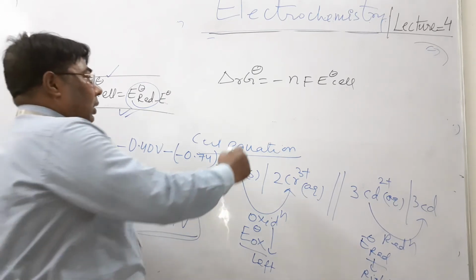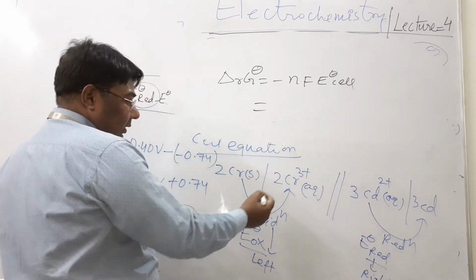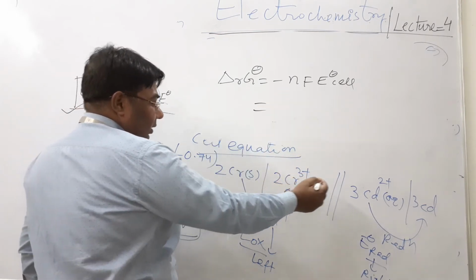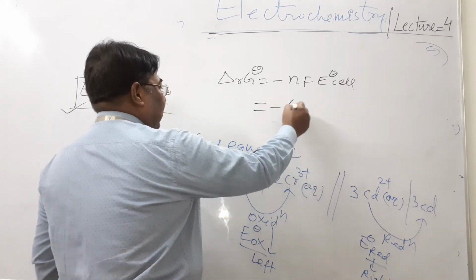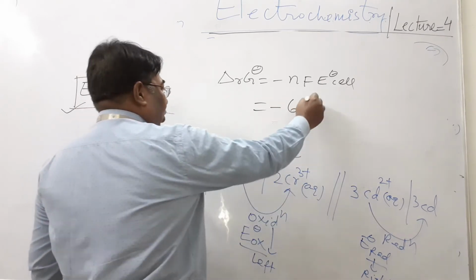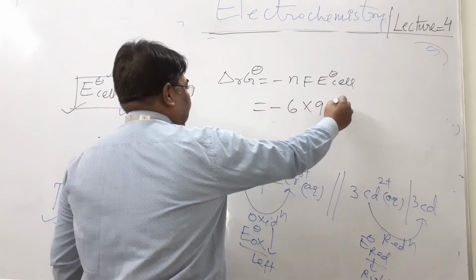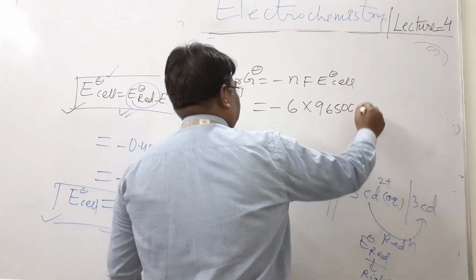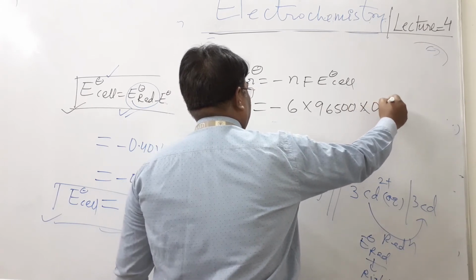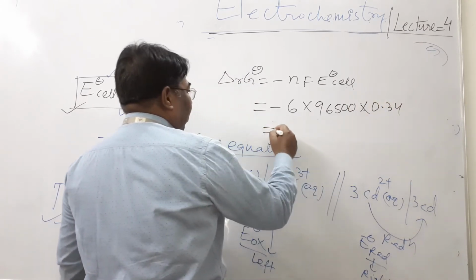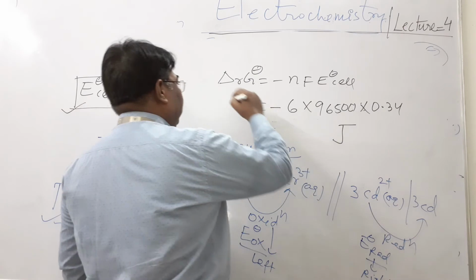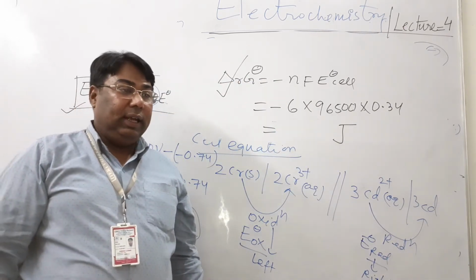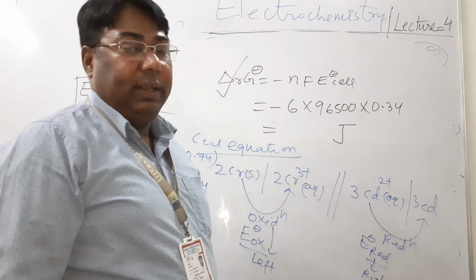Now, n is the number of electrons oxidized: 2 times 3 is 6, 3 times 2 is 6. So the value of n is 6 here. You know the value of F is 96500 coulomb, and the value of E naught cell is 0.34 volt. After calculating, you get the value of standard Gibbs free energy. I think all of you understand in this way.